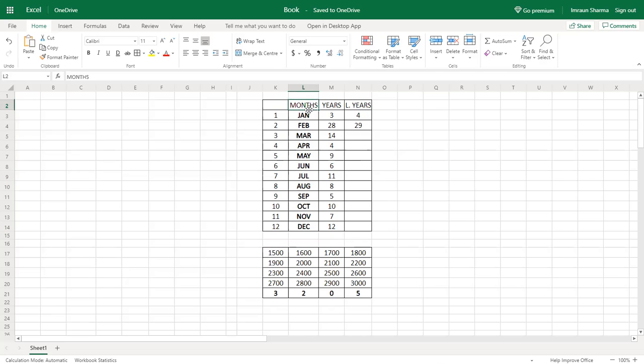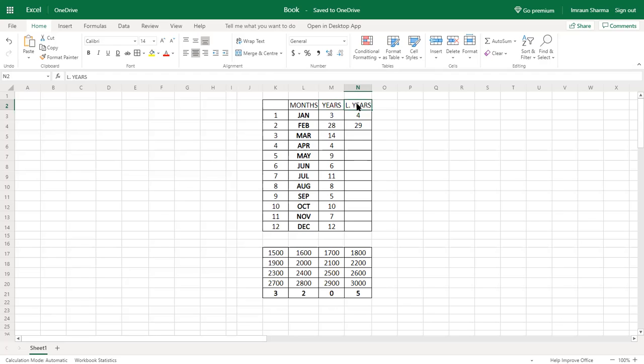Over here in the first table, you can see I have written all the months of the year, in sequence. We know that there are 12 months. Here you can see it is written years, meaning regular years, those which are not leap years.